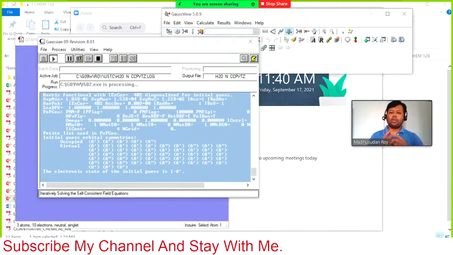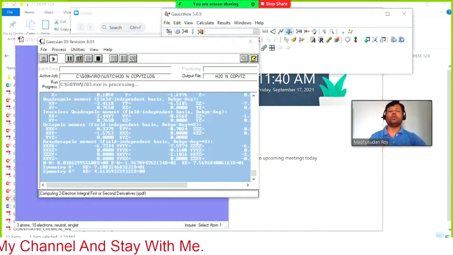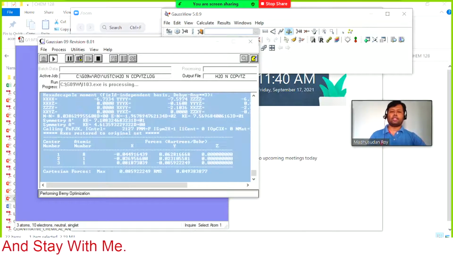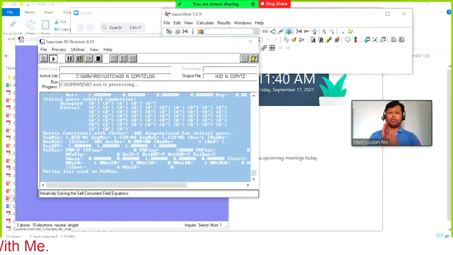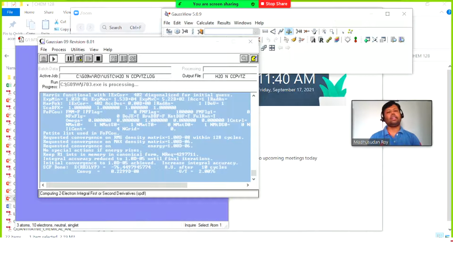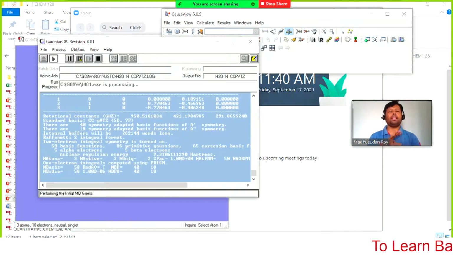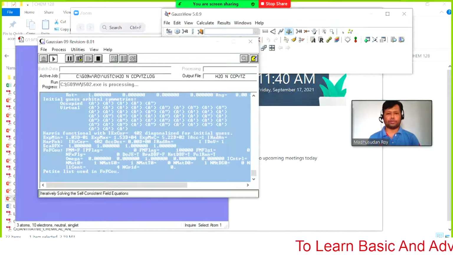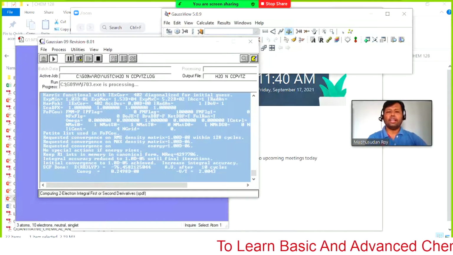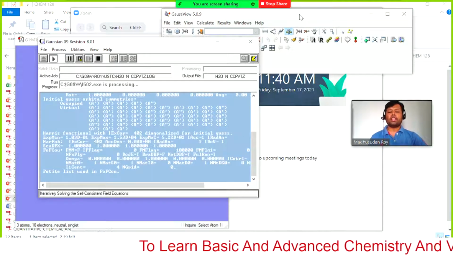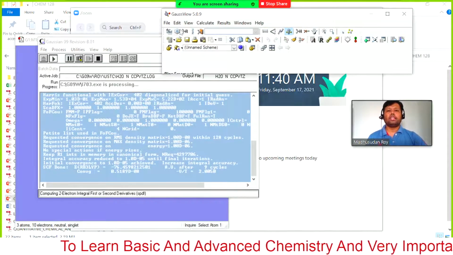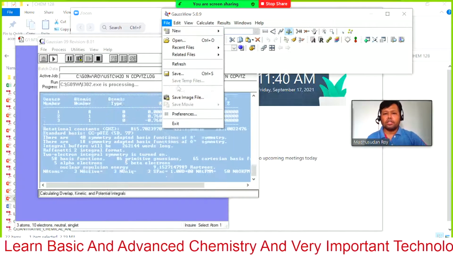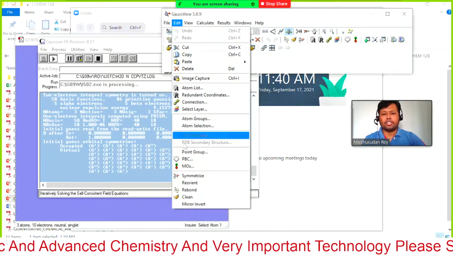So it is doing different types of calculation, on what type of molecule or structure, it is changing the position, it's changing the angle, and it is calculating many steps, it is calculating the energy. So we can find out how many steps and where it has found the energy. So let us check if it is working.